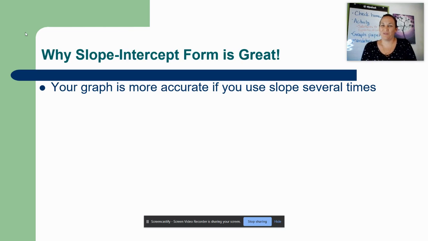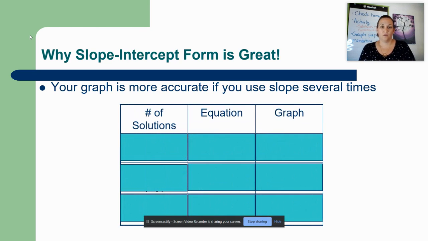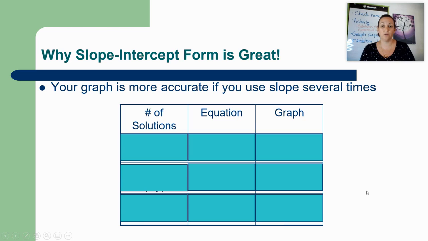Slope-intercept form, when we're graphing, is fantastic because it gives us an accurate graph. But for our second set of notes today, and for the second part of your homework, you are going to try to do problems without graphing. So right now, go ahead and pause the video and copy this table into your notes, and then we'll fill out the table together.